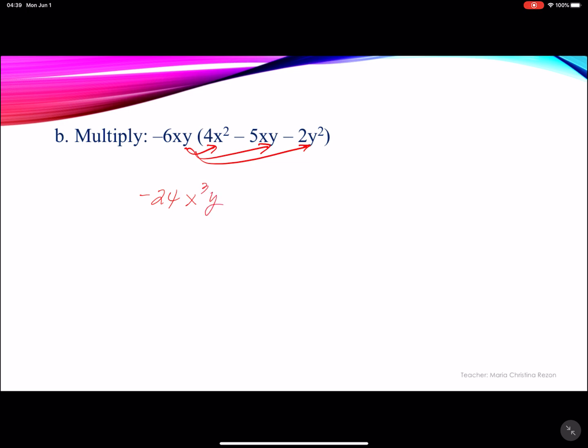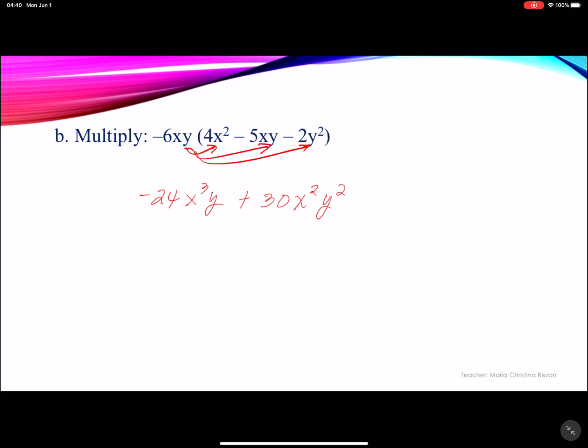Okay, negative 6xy times negative 5xy, so you will have plus 30x squared y squared.